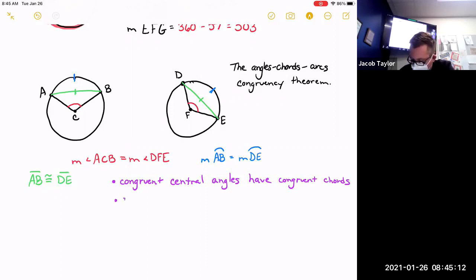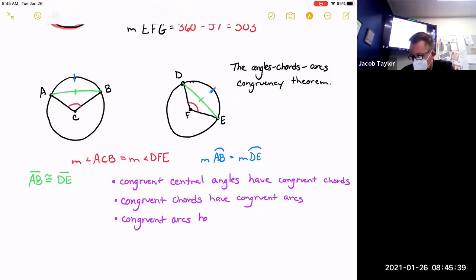You can learn that congruent chords have congruent arcs. You can learn congruent arcs have congruent central angles.